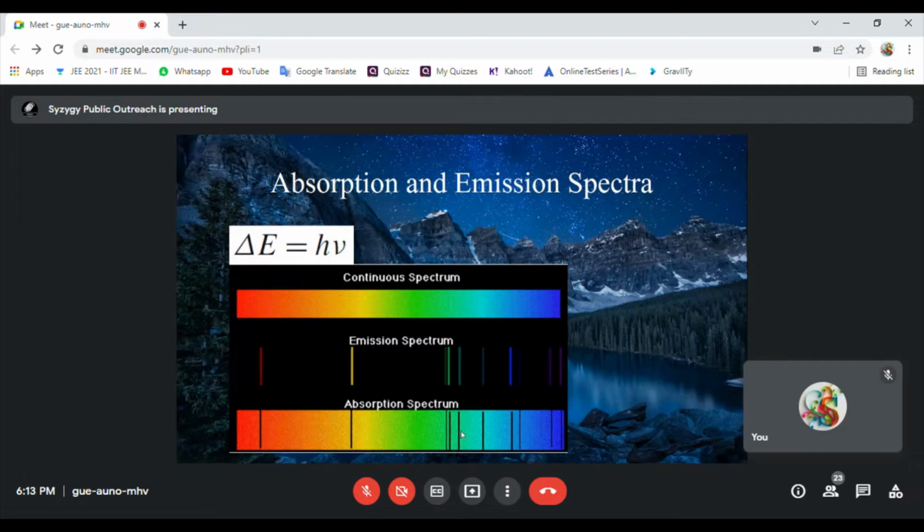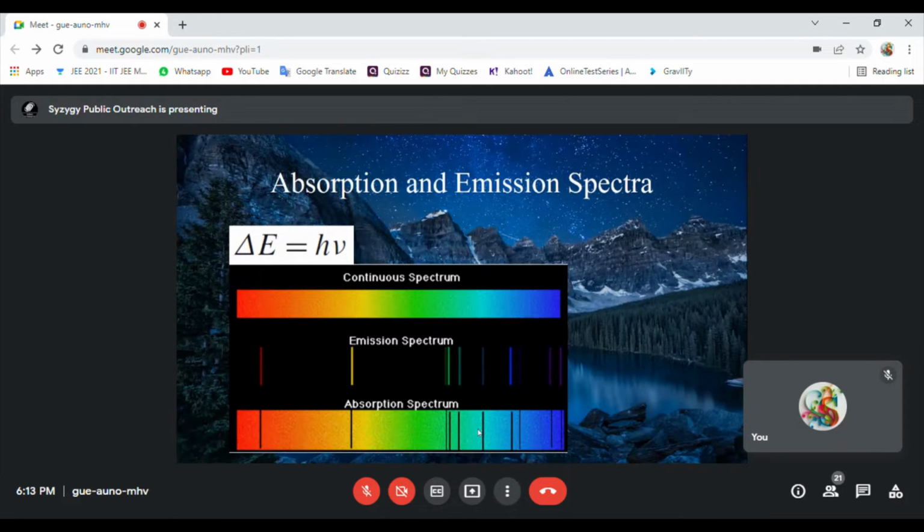One thing I forgot to tell: as we know that emission occurs in hot gas, in the same way absorption is noticed when we see a cold gas against a source of white light, or against a source which emits all the colors of light.